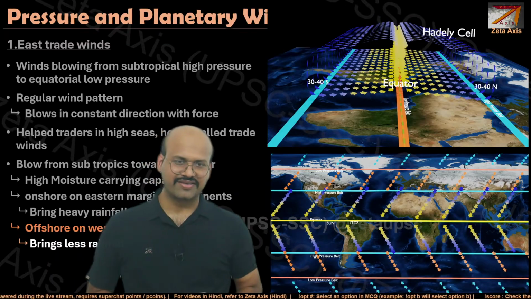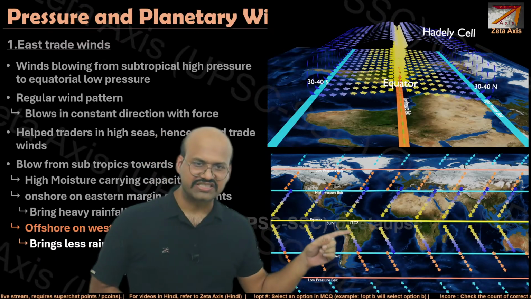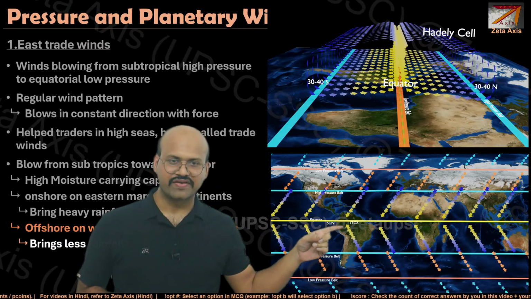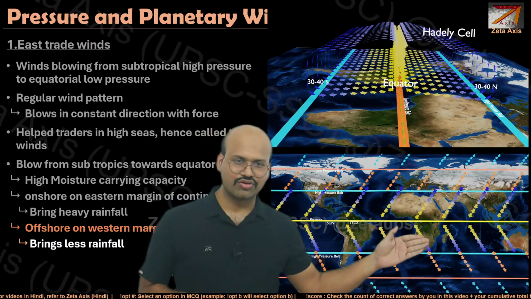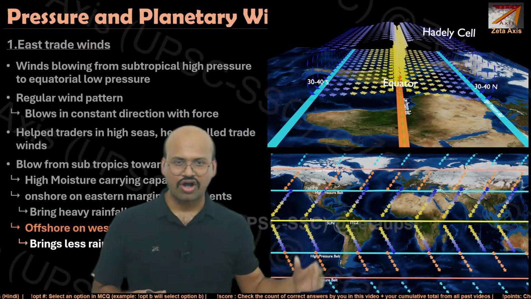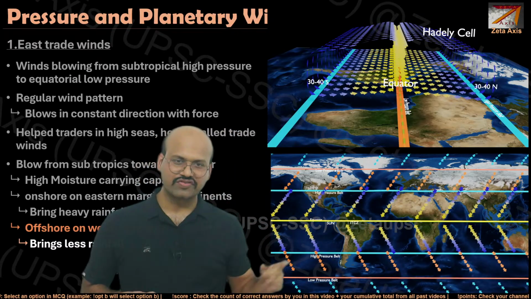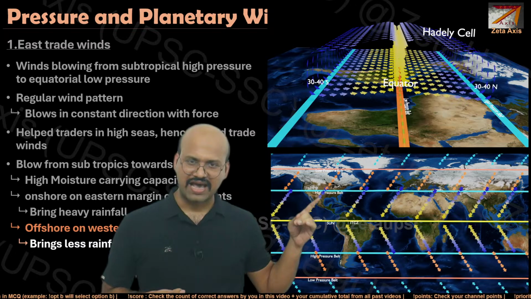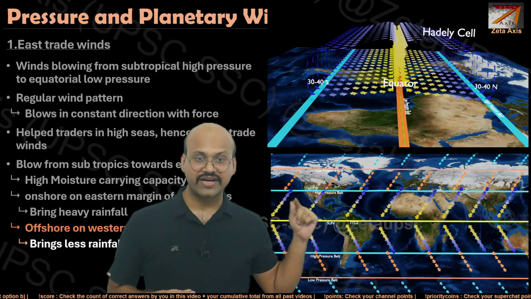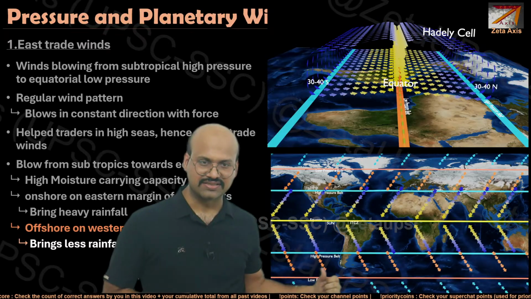And that is why you will see that all these western margins have deserts. So here we have the Atacama desert, here also we have desert, here you can see the Sahara desert, here we have the Mojave desert. So all the western margins of the continents in this region have this desert-like situation because of both the continental effect as well as the high pressure belt in these regions.